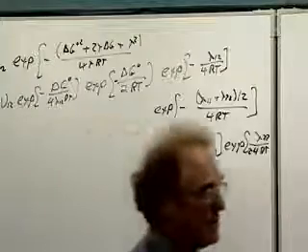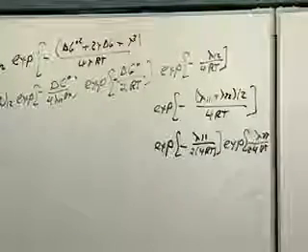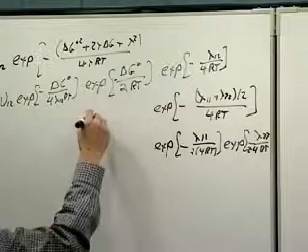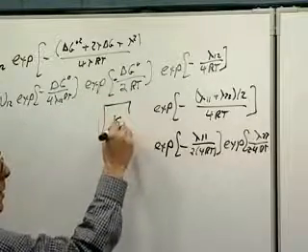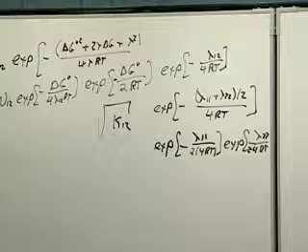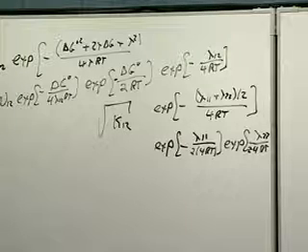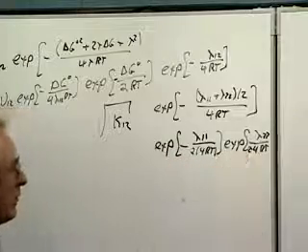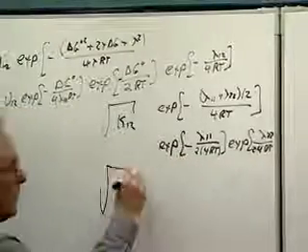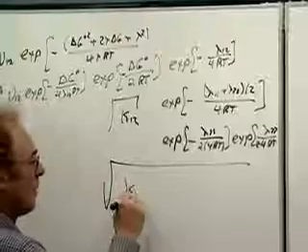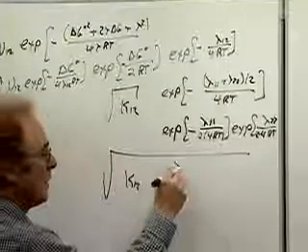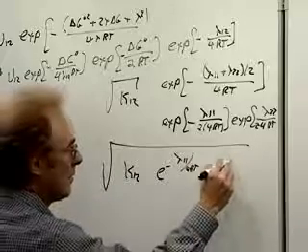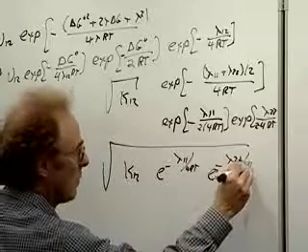K12 is just delta G over RT, right? So this 2 is a square root. So this is the square root of K12. And I'll take these two 2's out, and I'm going to get the square root of K12 e to the minus lambda 1, 1 over 4 RT e to the minus lambda 2, 2 over 4 RT.